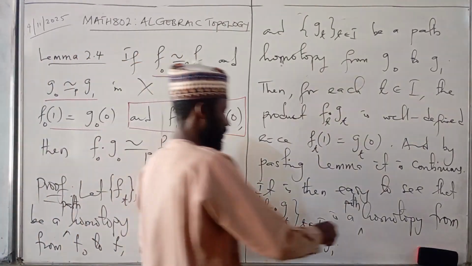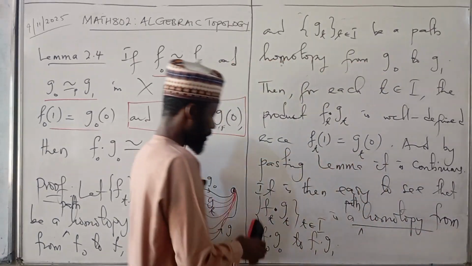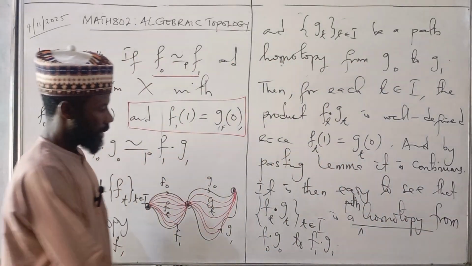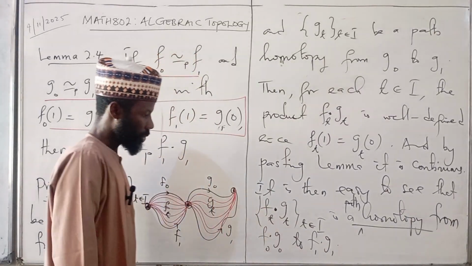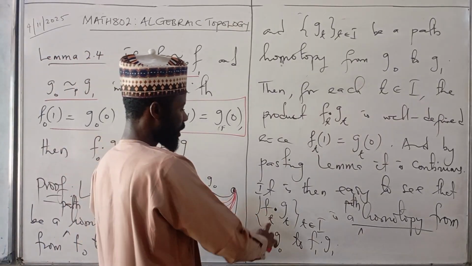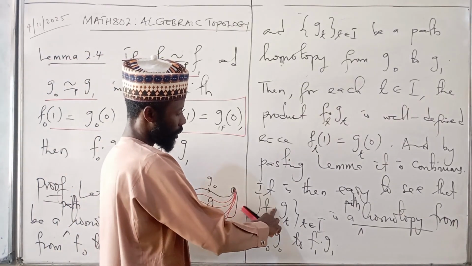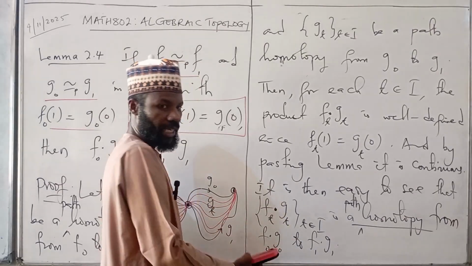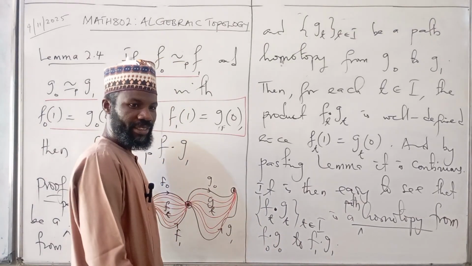What do you mean by it is a path homotopy? It means if we evaluate this at t equal to 0, we should get f_0 g_0, and that is exactly what it is.